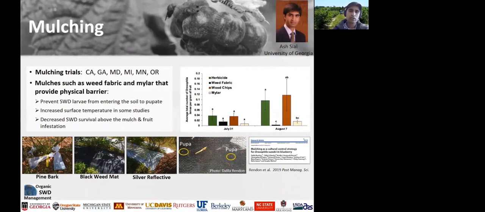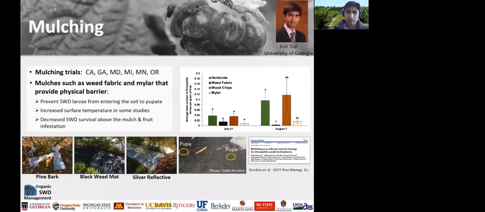When we use mulches on the ground floor, it prevents the larvae from getting inside the soil to pupate, and overall surface temperature on those mulches is relatively higher, which results in the majority of the larvae being killed due to heat. And as a result, they cannot complete development and fruit infestation reduces.